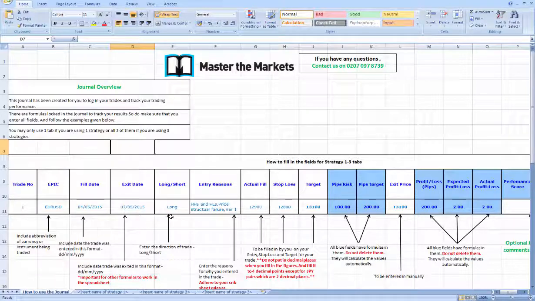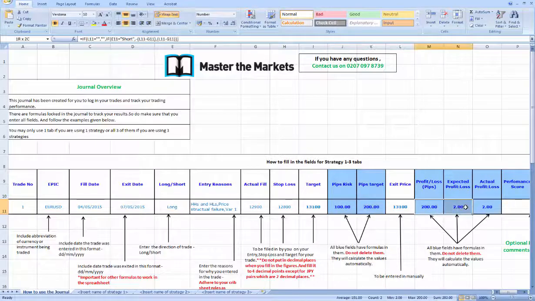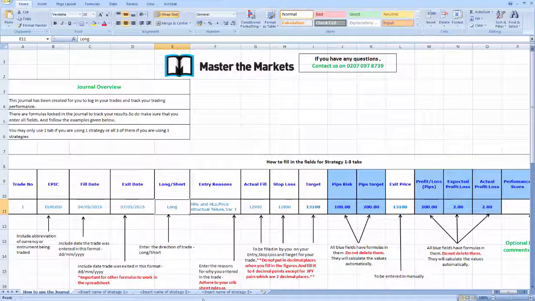Now this is whether you're going long or short in the market. Here you've got to understand the direction that you took the trade, so you can log that as well. Now it's important that these columns get logged accurately, because we have calculations taking place in these columns over here according to what's being put into here. So for example, the pips risk column is looking out for this, and the profit and loss is looking out for whether we were short or long.